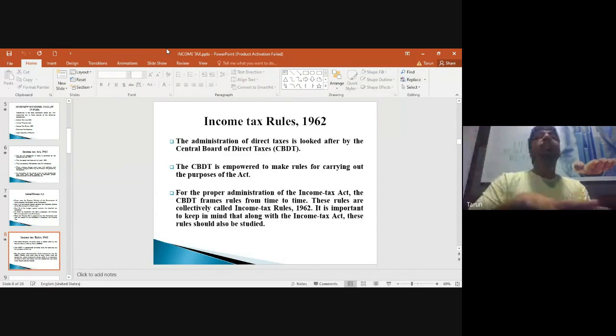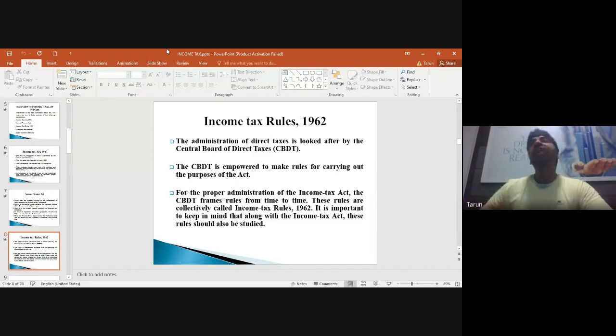Any individual has to pay taxes directly to the government on the income earned during a year, right? The Central Board of Direct Taxation is empowered to make rules for carrying out the purposes of the act. So whatever changes are made, they are made under this act only, or under the rules formulated in 1962.